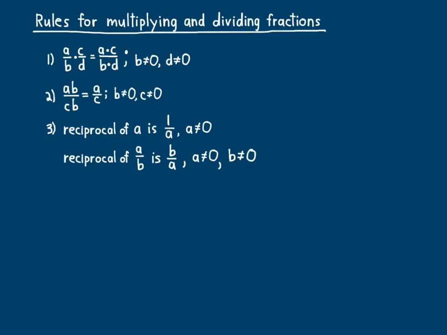And for this, you can't have a equals 0 or b equals 0, because in the first fraction b is the denominator, so b can't be 0, and in the second fraction a is the denominator, so a can't be 0. So you need both of these. I'm just doing the restrictions here for practice, okay?